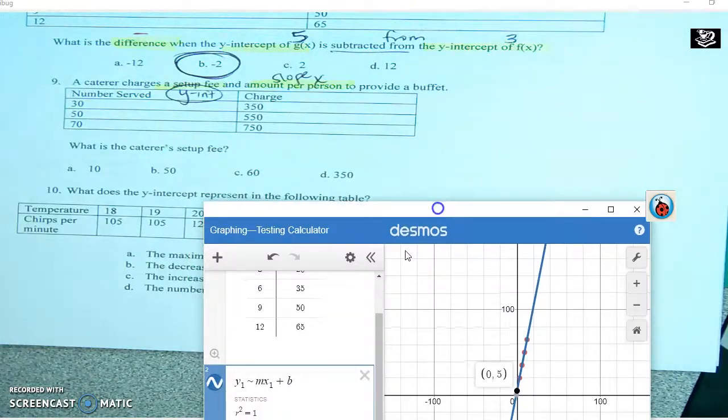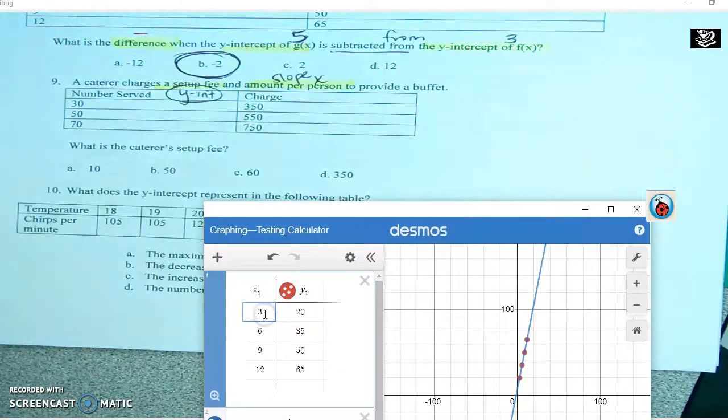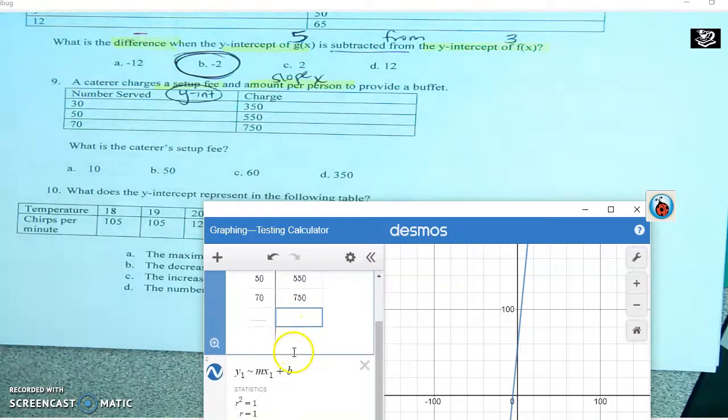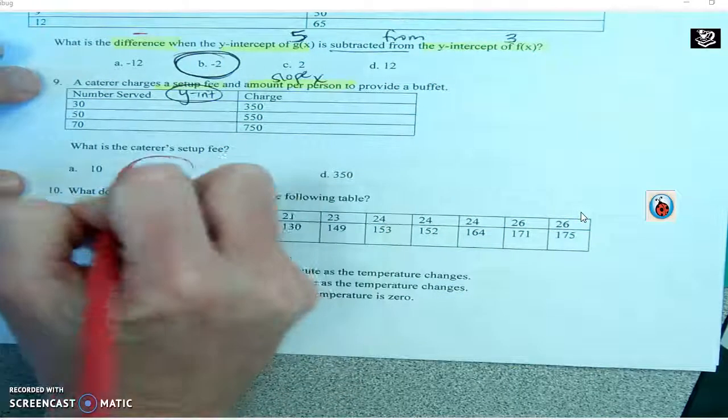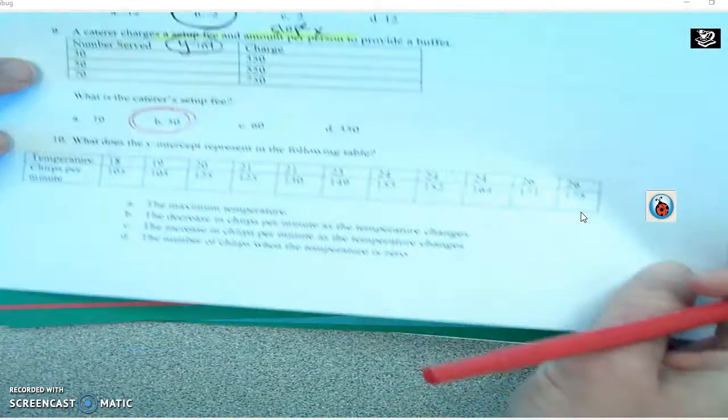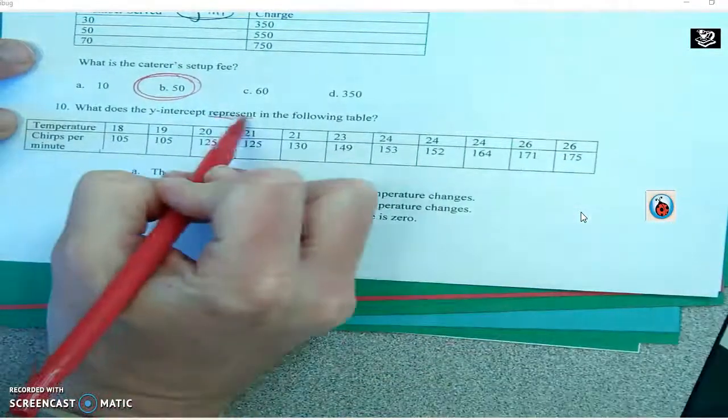So let's put it in Desmos to get our y-intercept. 30, 50, 70, delete that one. 350, 550, 750. And so I'm going to click over here to find the y-intercept, and the y-intercept is 50.